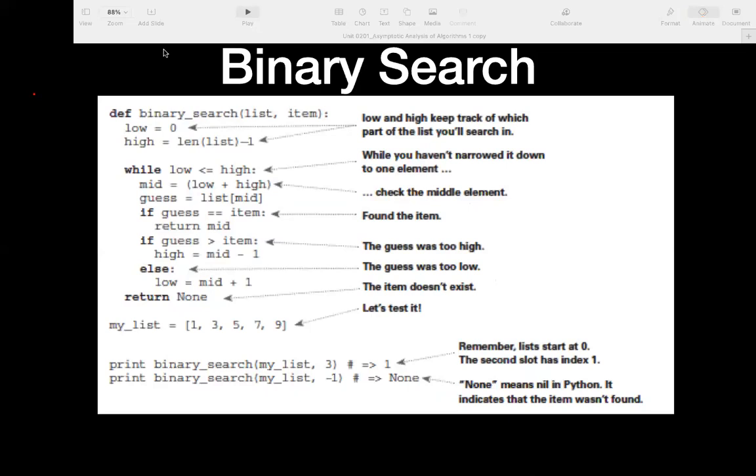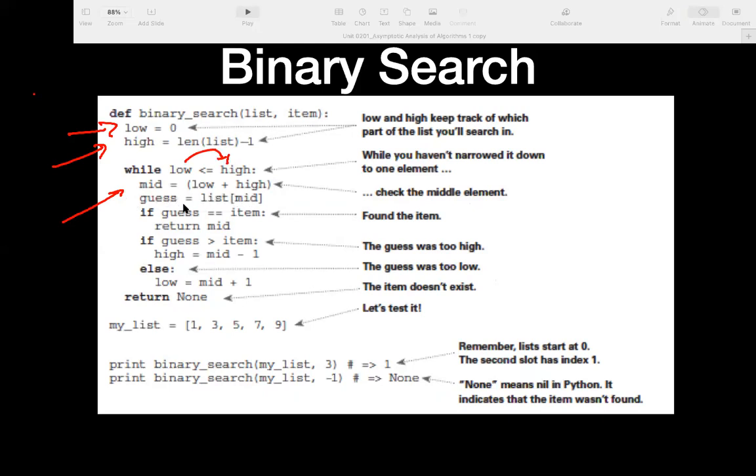Here is the binary search program. We start, as you know from our previous discussion of the flow chart, with one variable low started with 0, a high variable as length of list minus 1, and while low is less than or equal to high, we assign a mid value. Then we check the value of the list at this position.